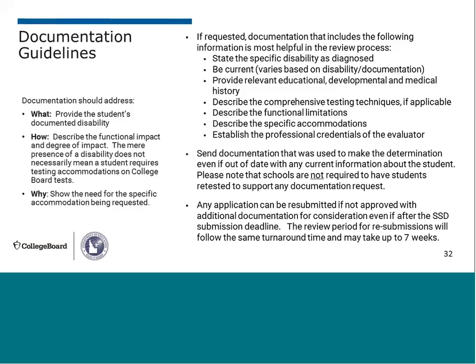So documentation can be almost anything that you have, and really looking at what was used to make the determination at the school. It could be specific reports on the student, testing results, diagnoses, etc. But it also can be surveys or feedback, report cards, anything that answers basically how does the accommodation meet the functional impact and solve for that functional impact.